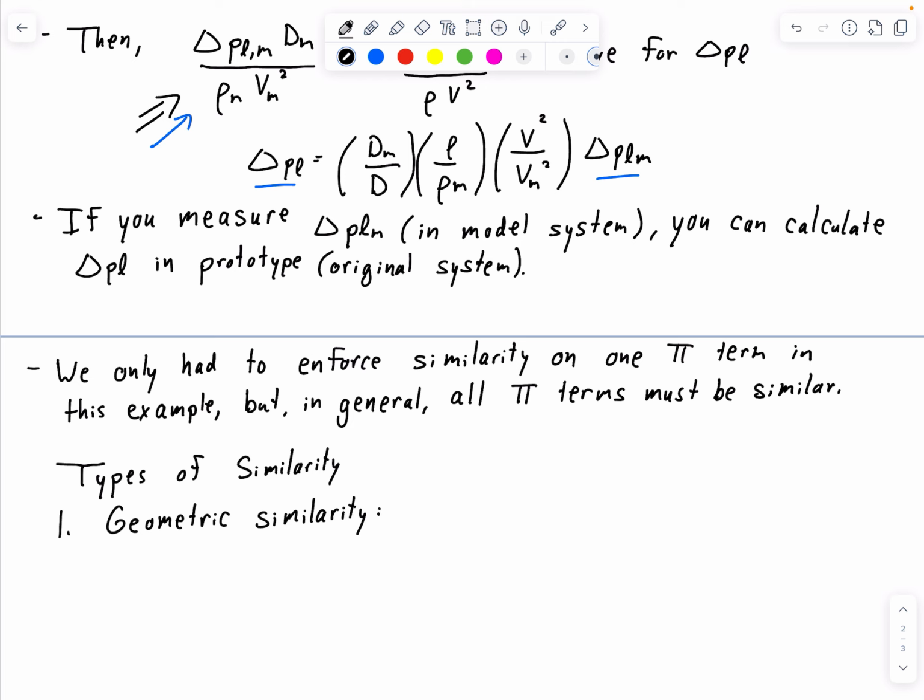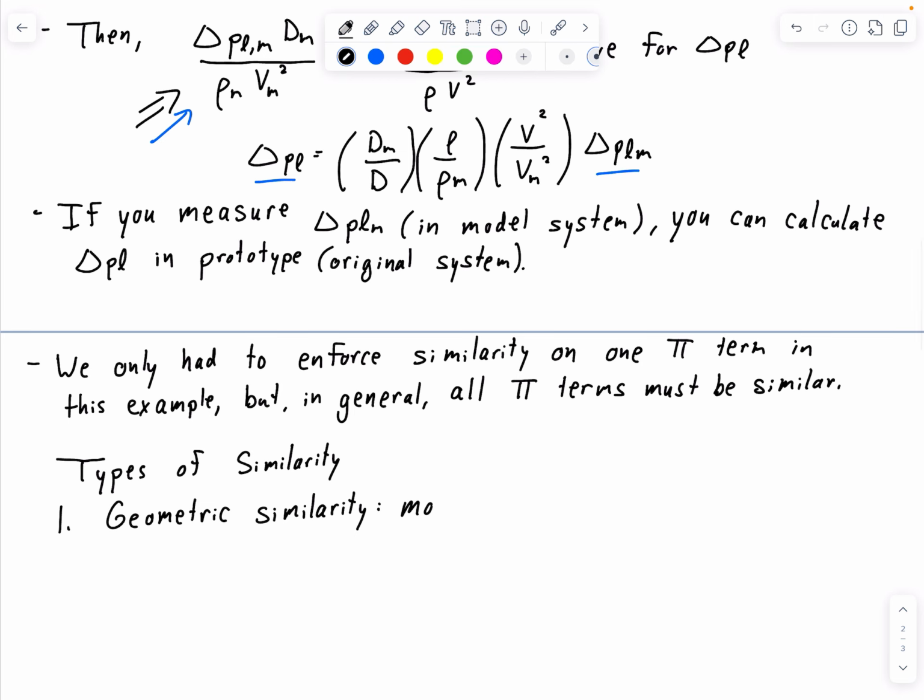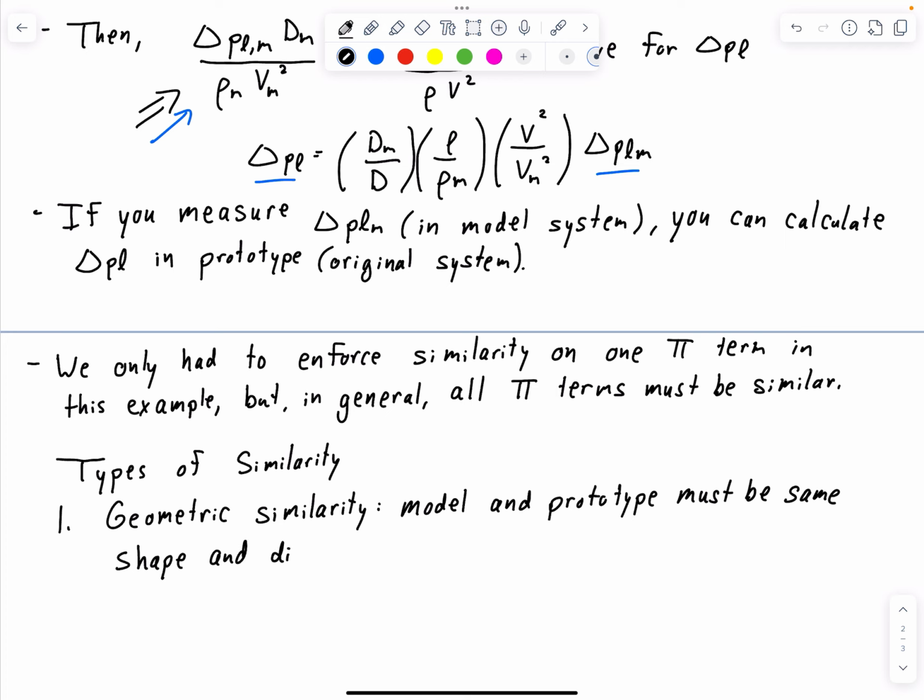This refers just to the size and the shape and the dimensions of the model and the prototype. So this means that the model and prototype must be the same shape and the dimensions must be scaled by a constant.